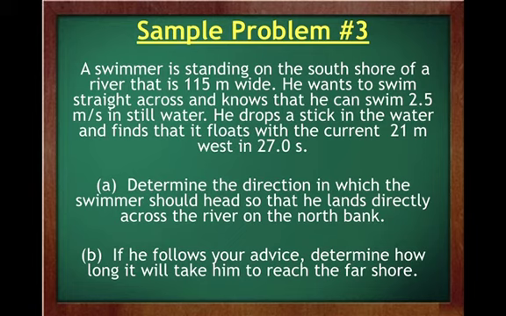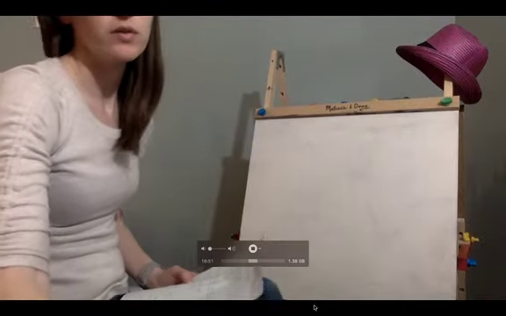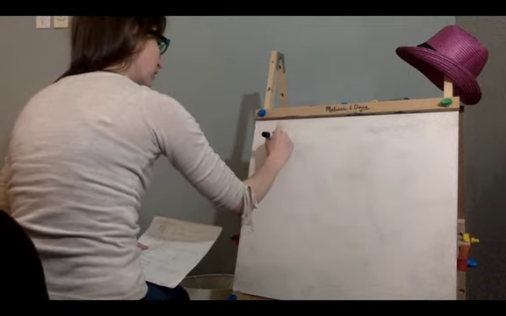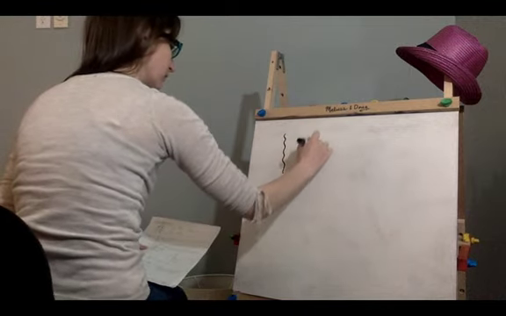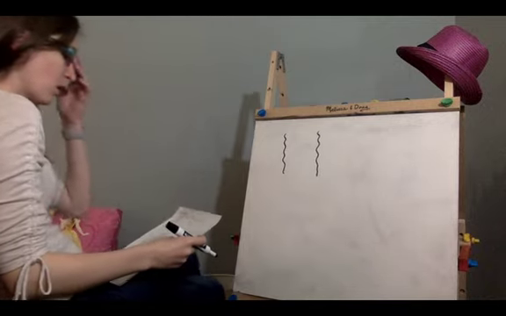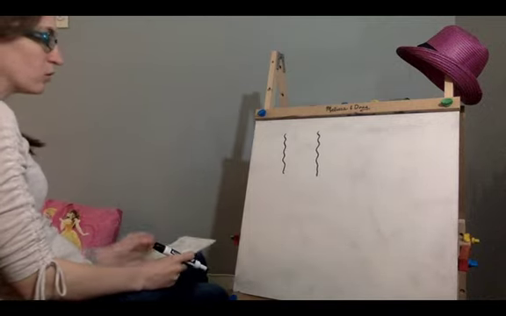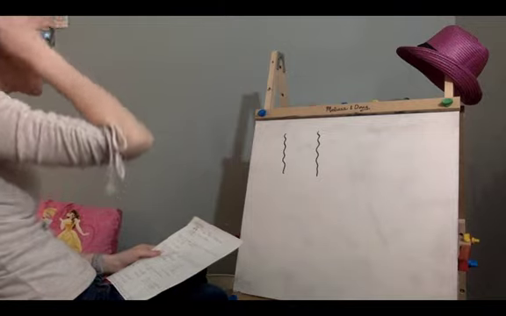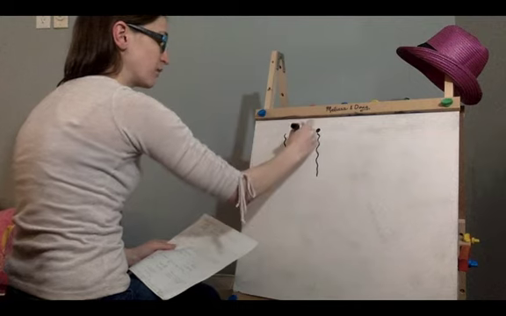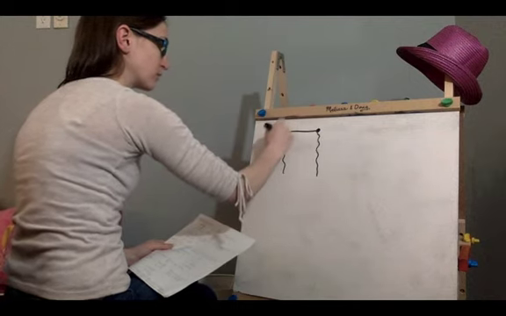All right, so here's where we're at with this one. We have this river that we want to cross. We know that if we drop a stick straight in the river, it's going to travel west.